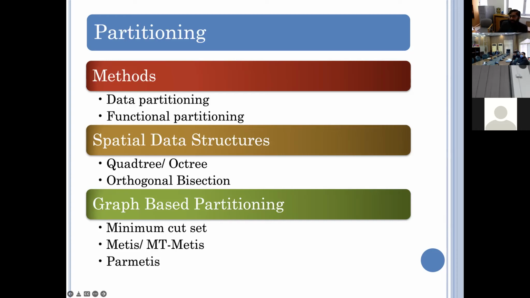Functional partitioning means based upon different functions. For example, in some part of your code you are adding something, in some part of the code you are multiplying something. So you can say addition can be done on one computer, multiplication can be done on another computer. So that is functional partitioning.